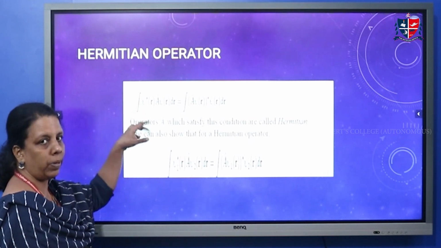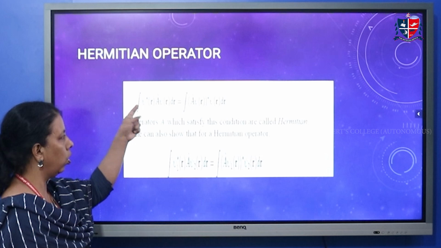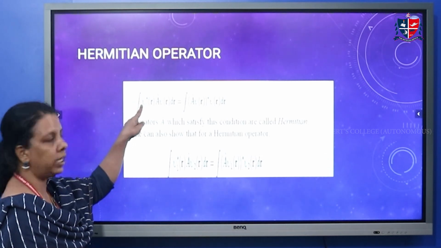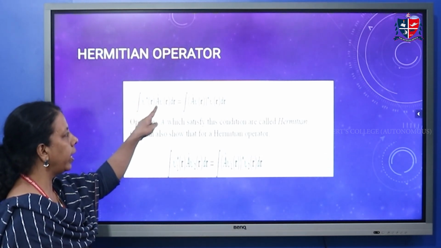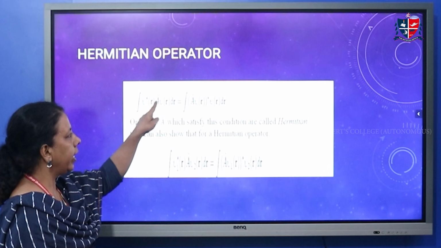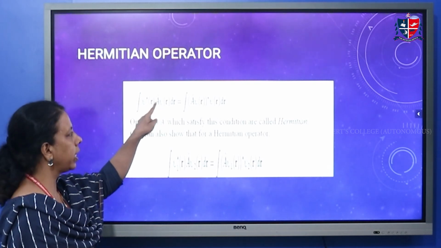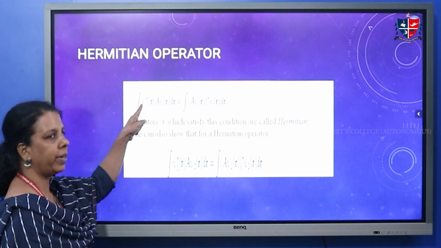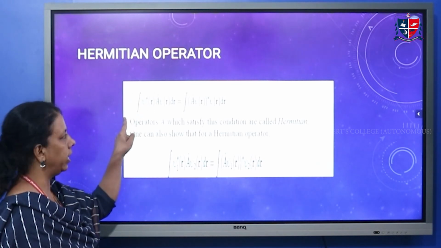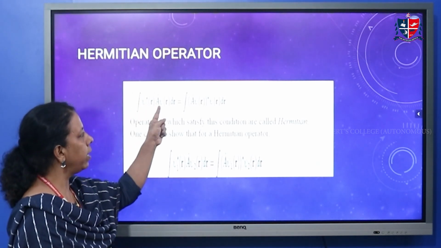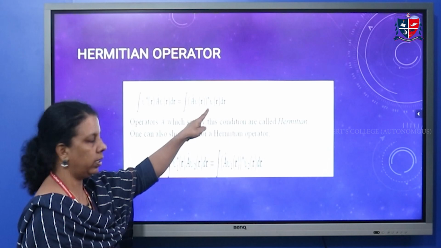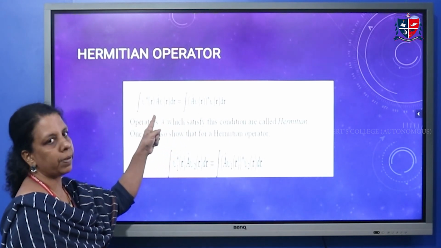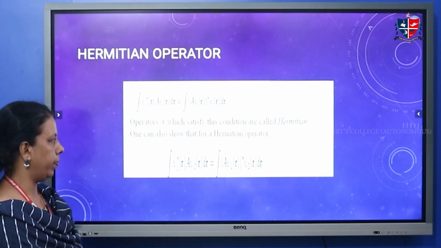If it is a complex function, the complex conjugate is taken and it is multiplied by A cap of psi. That is, psi is acted upon by the A cap operator, then it is multiplied by psi star and integrated. If it gives the same result as this one, then we call A cap a Hermitian operator.